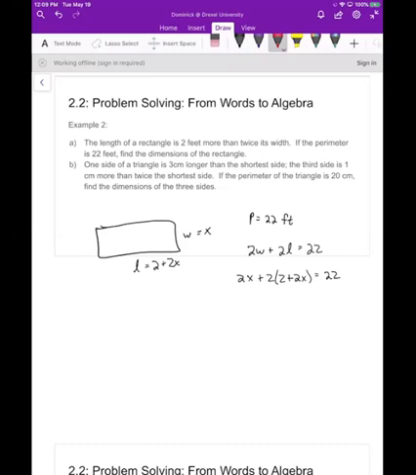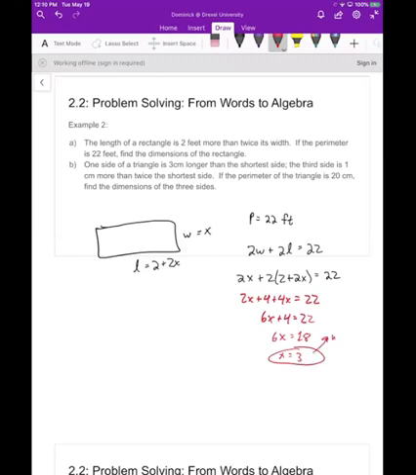So if we add these, we get 2x plus 4 plus 4x is equal to 22. So we'll get 6x plus 4 is 22. So once we subtract 4, we'll get that 6x is equal to 18, which once we divide by 6 gives us that x equals 3.